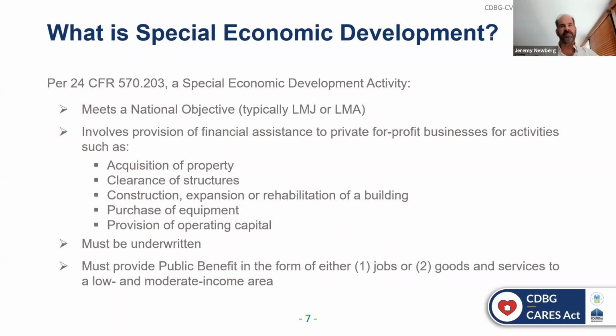COVID resilience improvements could include a new air handling system, a new HVAC system, touchless appliances, doors that do not have handles, a redesign of the layout for better physical distancing. And the beauty of that is if there are code issues like the electrical system is antiquated, well, you need an electrical system to run a new HVAC. So that's the beauty of thinking about COVID resilience improvements. Next slide.